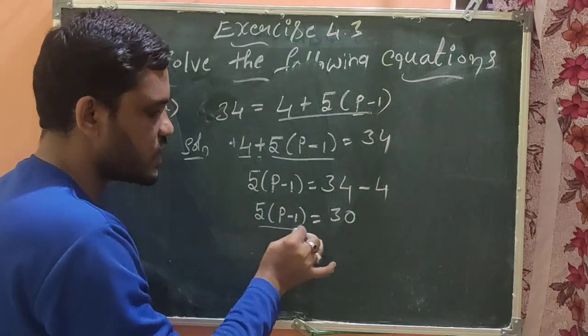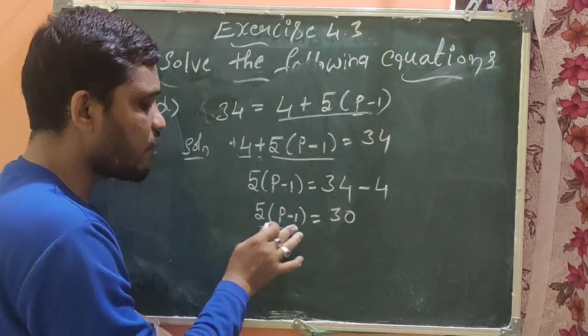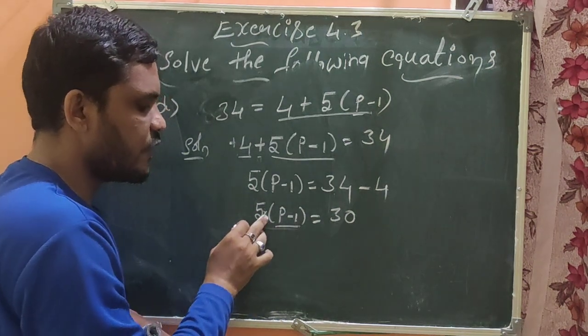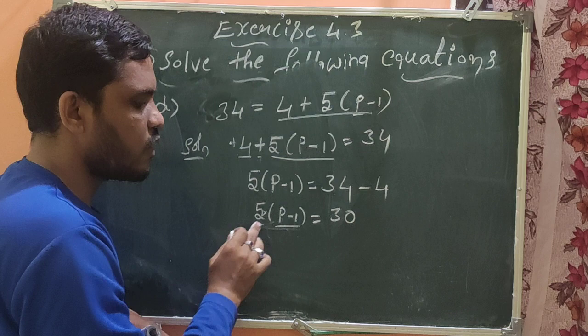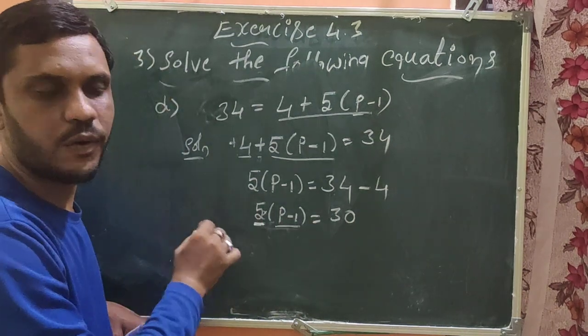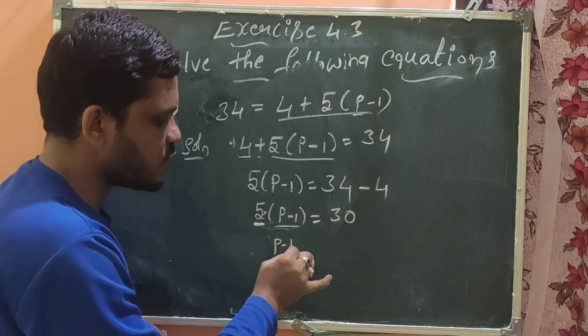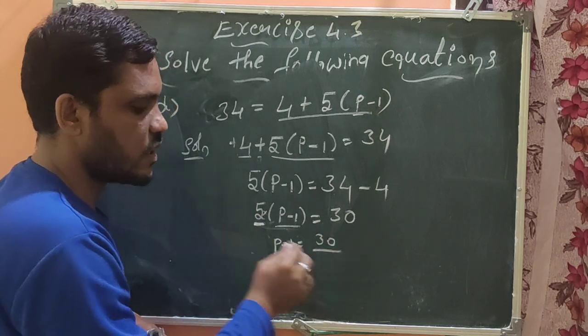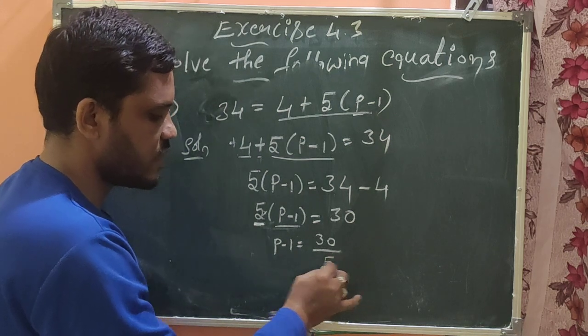Next, these two numbers are combined with the multiplication symbol. This is one term, this is one term. 5 into P minus 1 is 5 of P minus 1. So first we should shift this 5. Then P minus 1 is equal to 30. Multiplication goes to the denominator, meaning division.